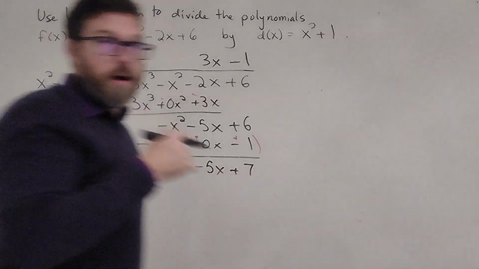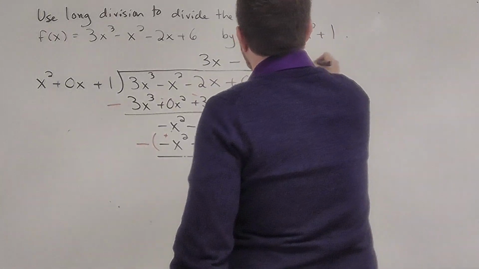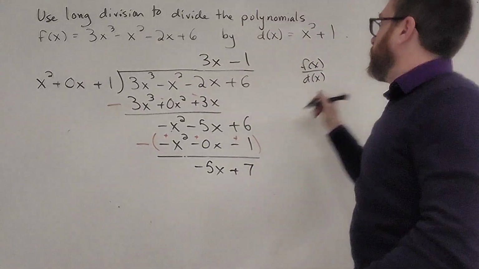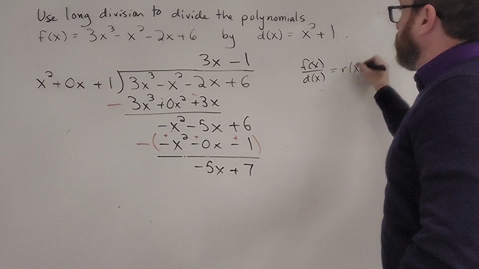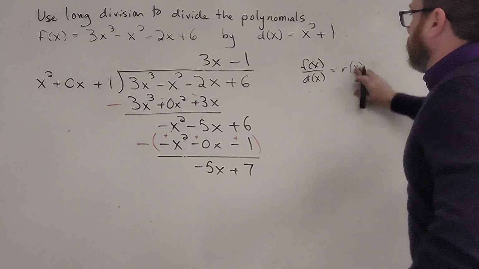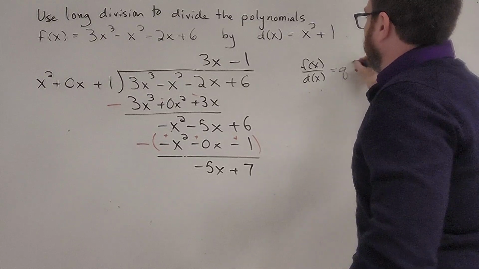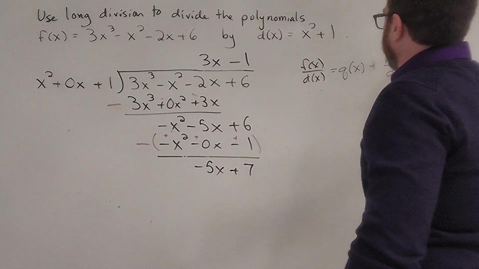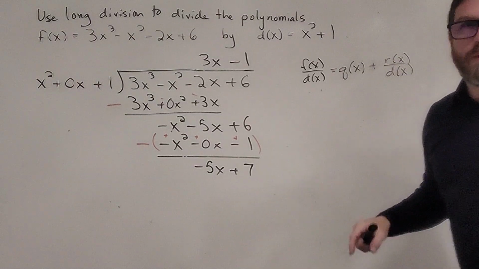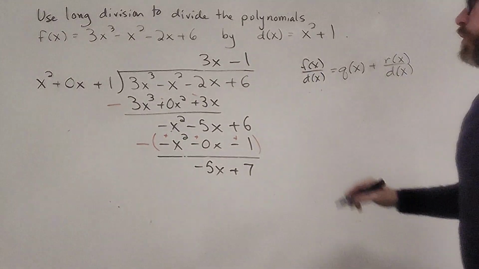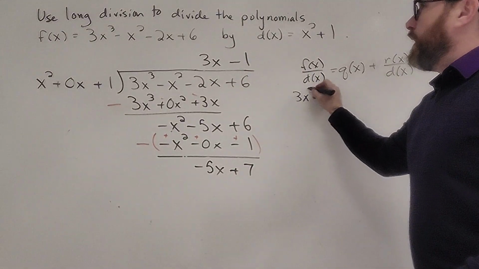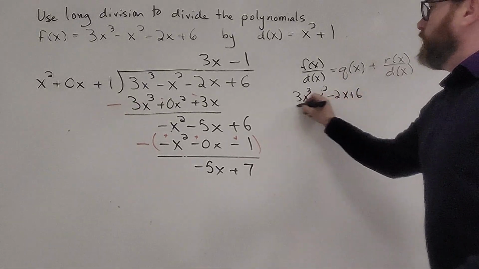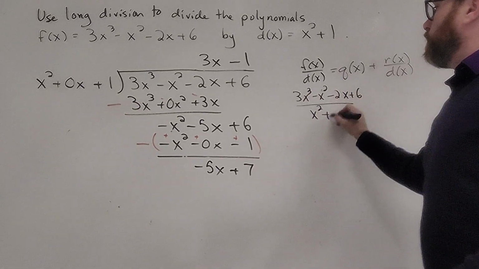Now we got that same division algorithm that we're going to have, f of x divided by d of x. So f of x divided by d of x is going to be my quotient plus my remainder divided by my divisor. So we still have the same two things that we were divided by, this 3x cubed minus x squared minus 2x plus 6, divided by the divisor, which is x squared plus 1.